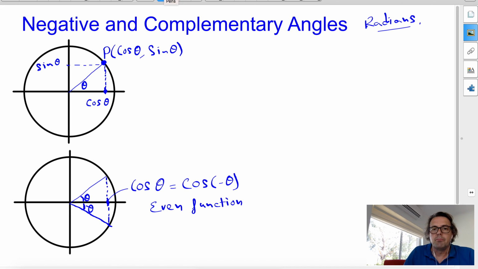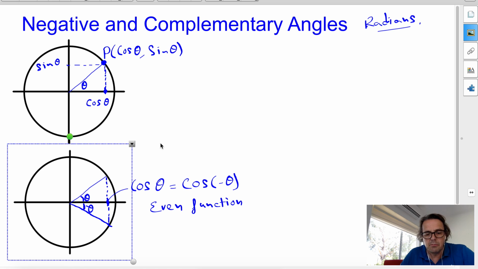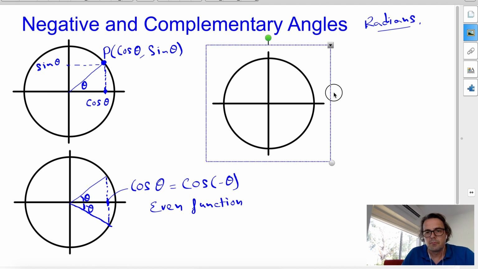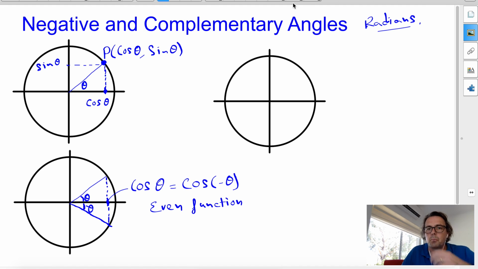For the sine, let's have a look. So here we go, there's theta. Here's negative theta. Now the sine is that value there.